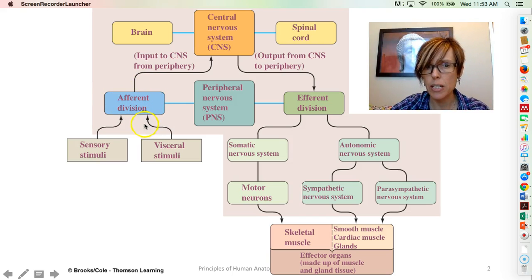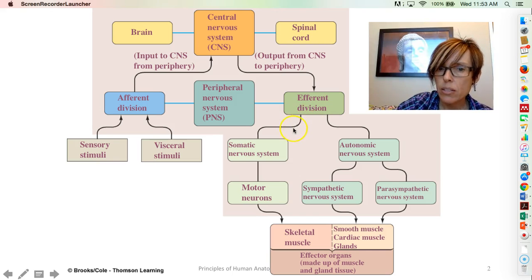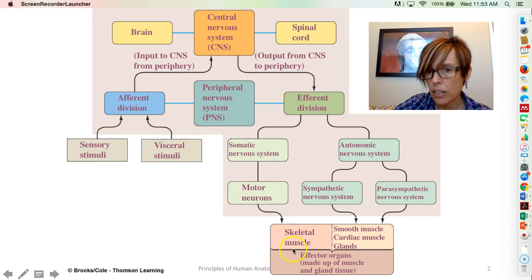Afferent is basically incoming information, so this is sensory stimuli, and what's known as visceral stimuli would be any information coming from your organs up to the brain. Then you have the efferent, or the output part, where we've talked about the somatic nervous system. These are motor neurons that control our skeletal muscles.